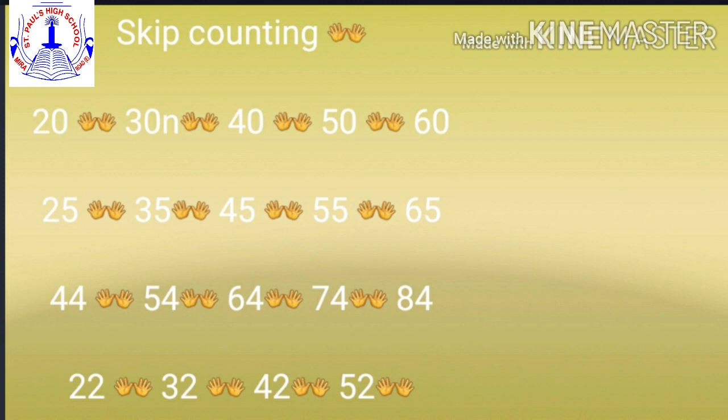So again you have to write 5 in tens place, so your number will become 55. Then after 55 in skip counting 10 which number will be your answer? 65. How? 5 you will write as it is in ones place, and after 5 which number will come? 6. So 6 you will write in tens place.